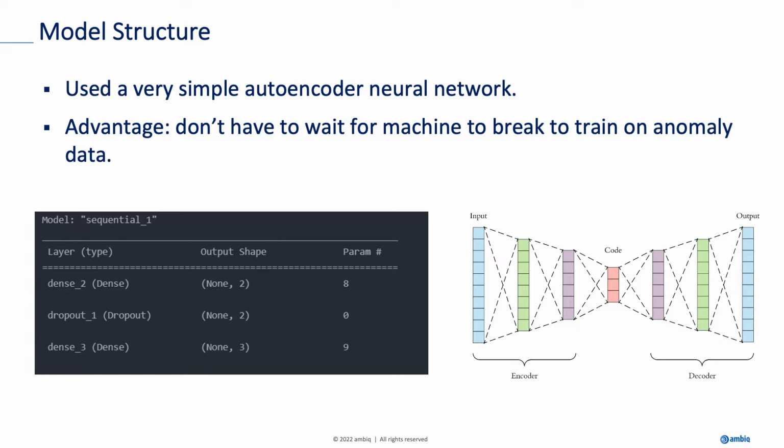In my case, since I'm using MAD as the input, the output attempts to predict the MAD as accurately as possible, and then after I get the output, I compare it to the input by finding the mean squared error, or the MSE. With the MSE, I look at the average MSE of normal samples and the average MSE of anomaly samples, and I create a threshold where anything greater than that threshold would be considered an anomaly, and anything less than that threshold would be considered normal.